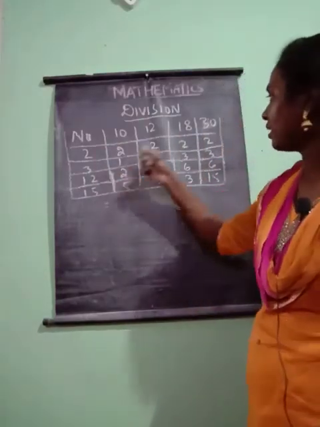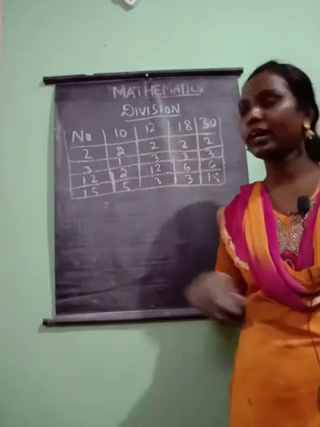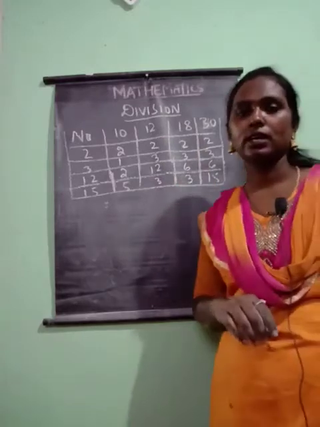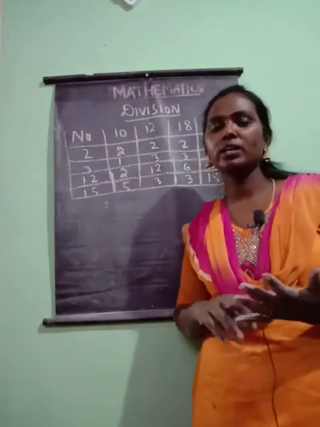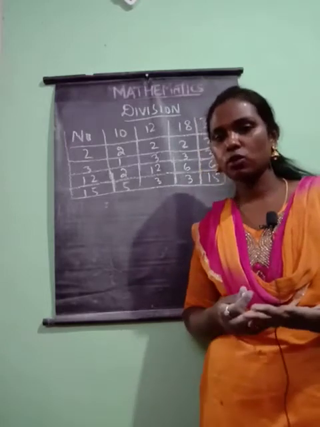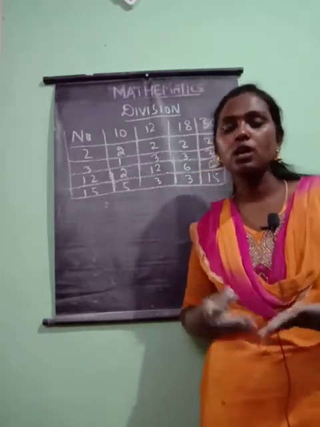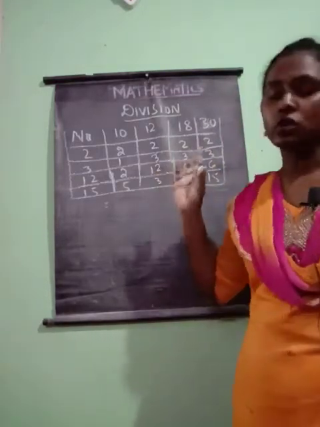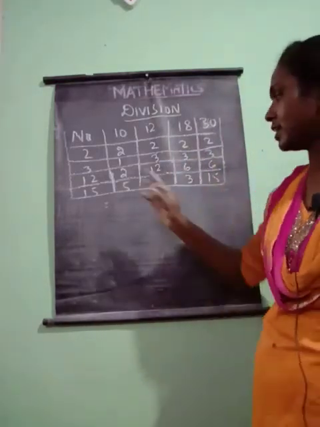For 3 and 18, 3 itself. For 12 and 18 we have 6: 2 and 3 are also common, but they are smaller than 6. So 6 2s are 12, 6 3s are 18, and 6 is the highest common factor.